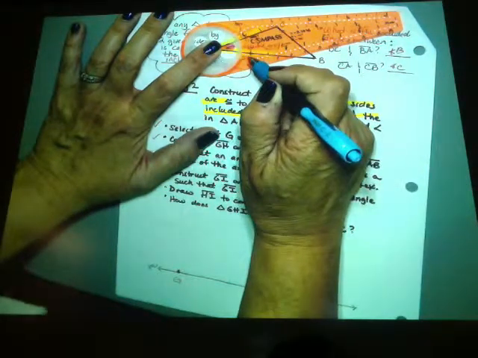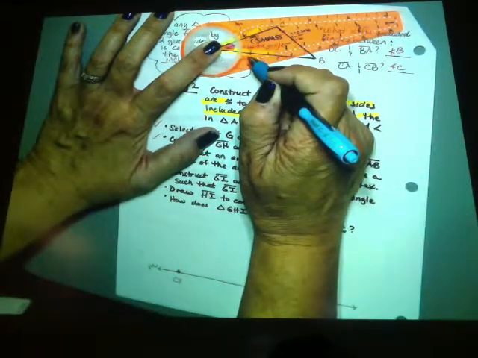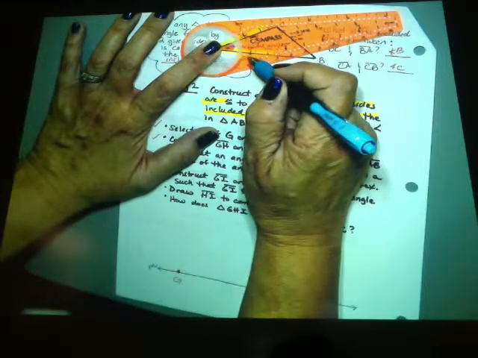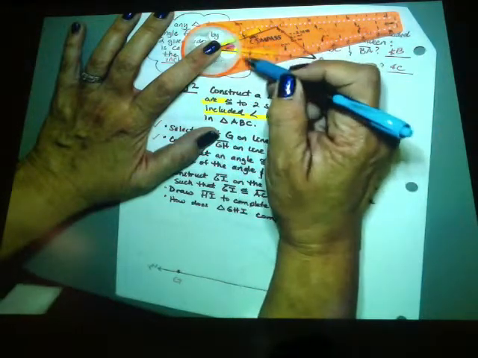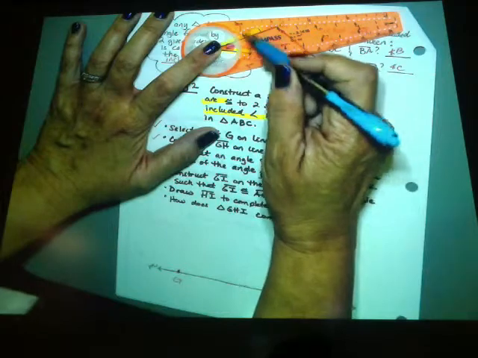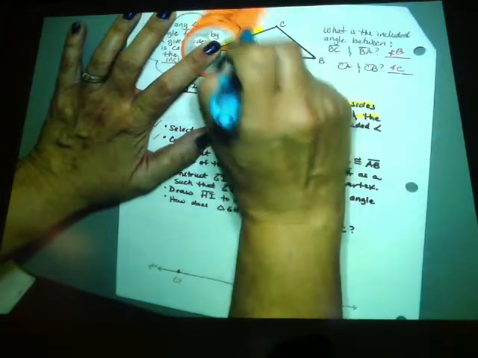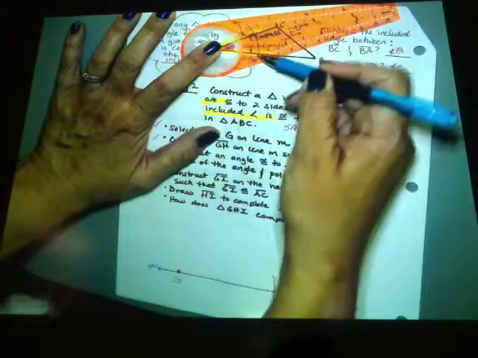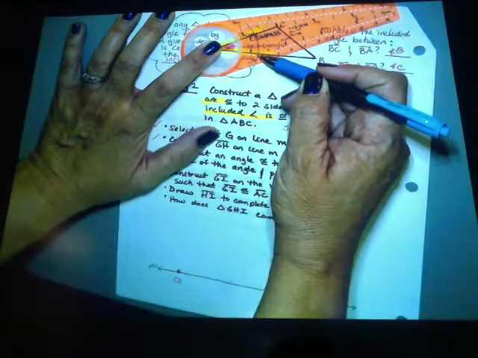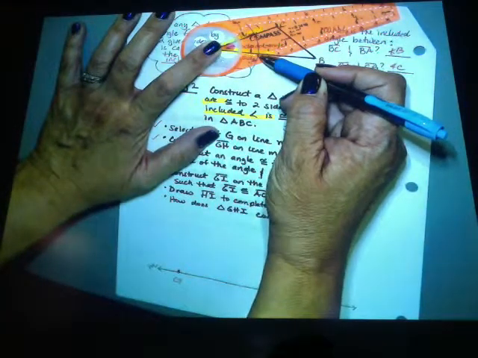Find any measurement that you want and create an arc. But know what measurement that was. So I'm going to create an arc from both sides that create angle A. So I'm going to choose my arc to be O from here. So I'm going to go from here to here. But remember that distance that you chose. Everybody can have a different distance.